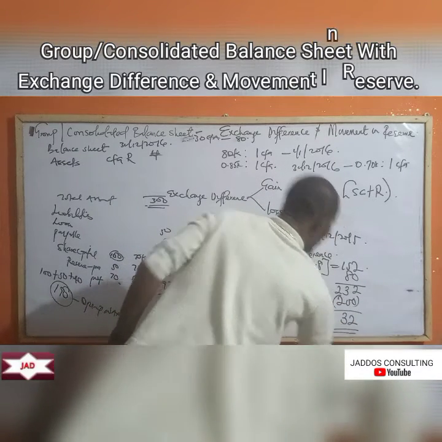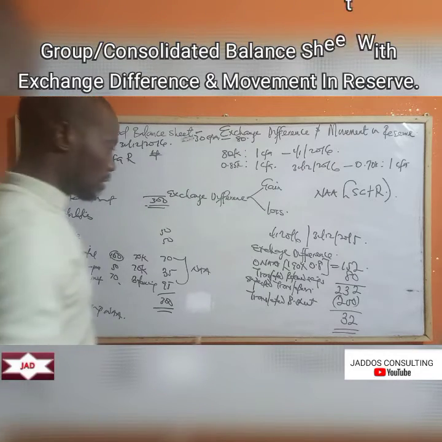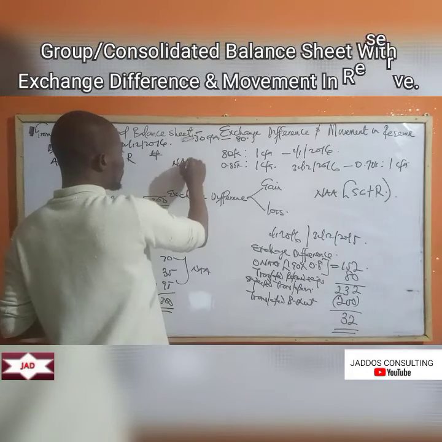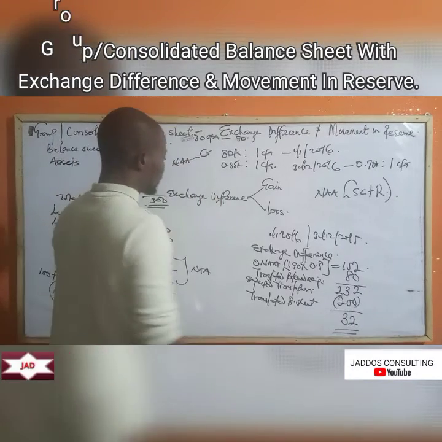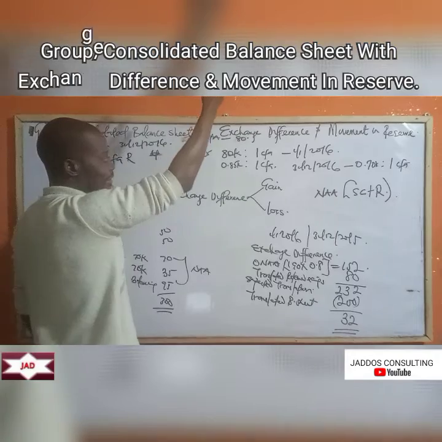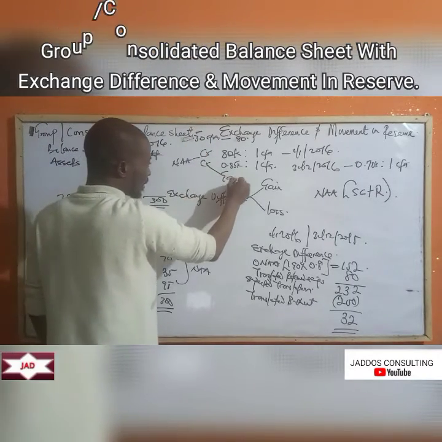32. Well, you can see here that it is a positive difference. Of course, net asset acquired is a credit balance. So if you're increasing it, it means there's a credit. That's a gain.